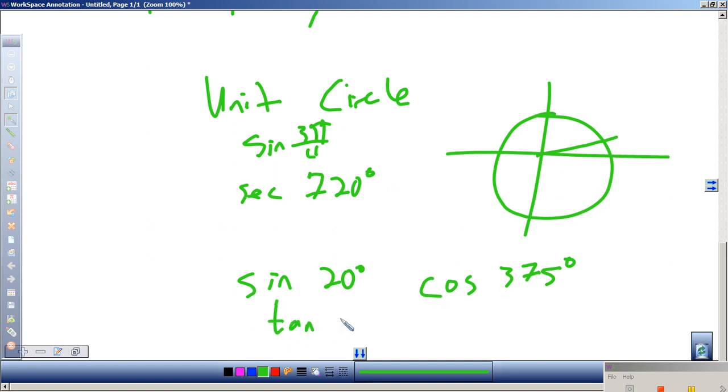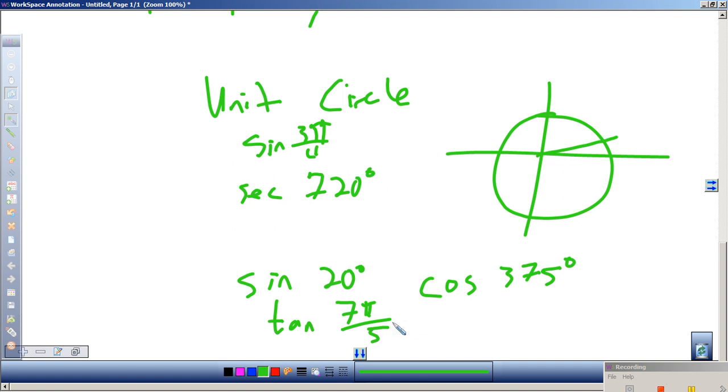How about the tangent of, say, 7 pi over 5? Okay, why? Okay. How do you know it's in the third quadrant? Because it's greater than pi, because pi would be 5 pi over 5.